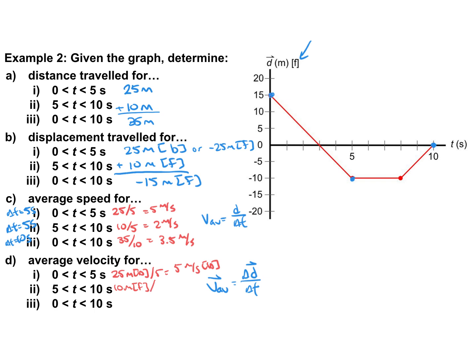Now we're dividing it by the time of 5 seconds. 10 divided by 5 is 2 meters per second forward. And then the third one, we had a displacement of negative 15 meters forwards. We're dividing this by a 10-second interval. So that'll end up as negative 1.5 meters per second forward. All right, so that's distance, displacement, speed, and velocity when you're given a position time graph.